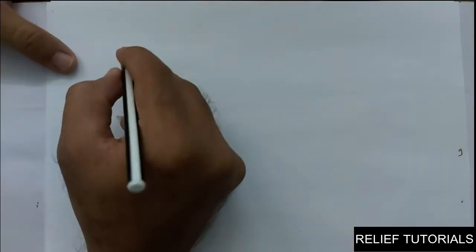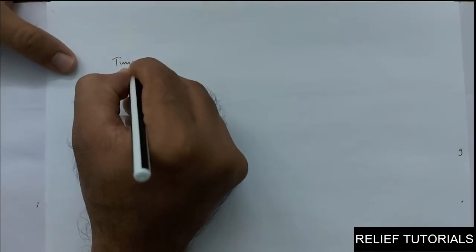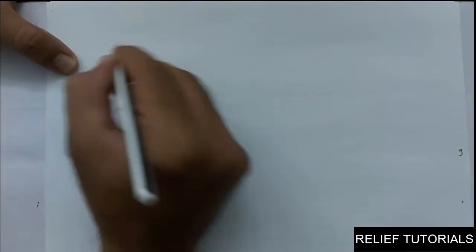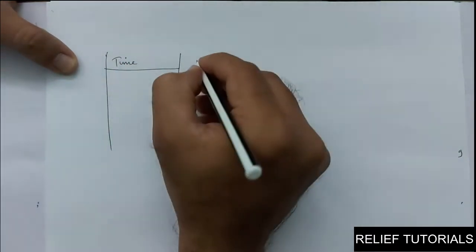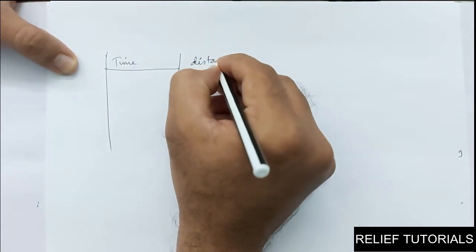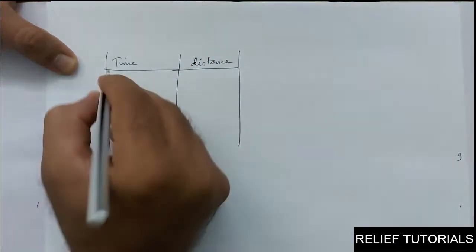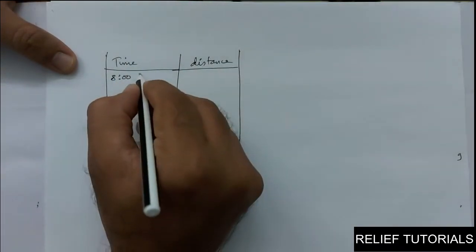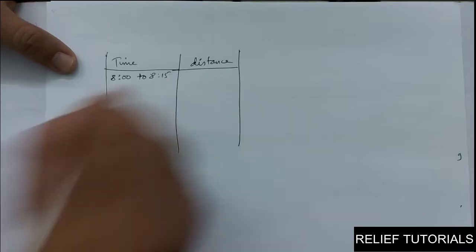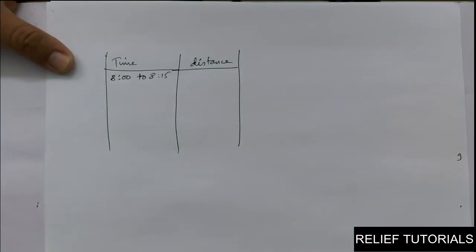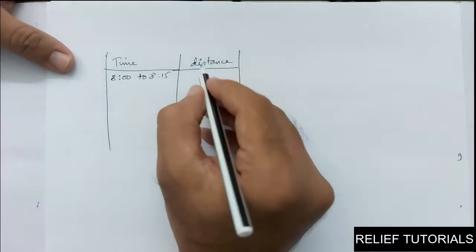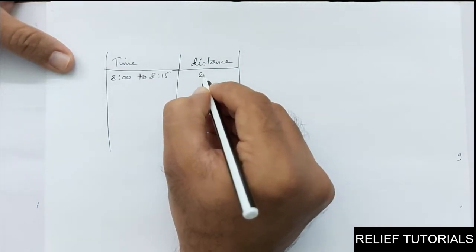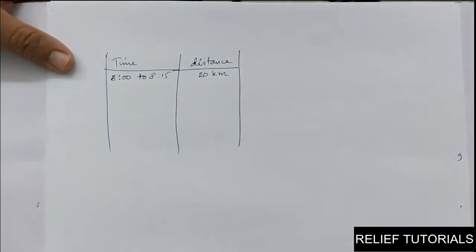Let us say we have made a table like this: time and distance traveled in that time. Let us say from 8 o'clock you are starting your journey. So 8 to 8:15, a 15-minute time interval, and in that you have covered 20 kilometer distance.